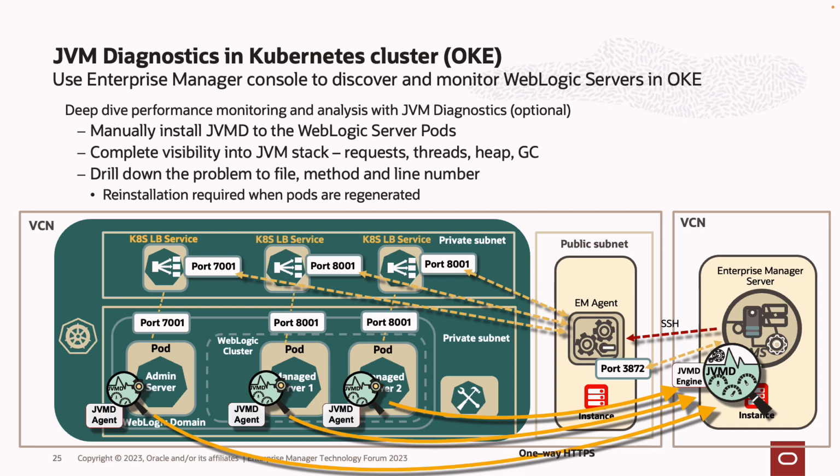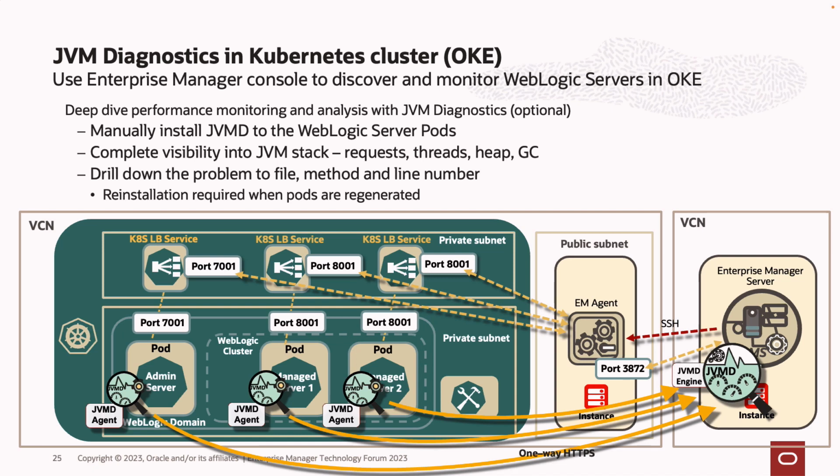Here you can manually deploy the JVMD agent inside the WebLogic servers and collect real-time JVM monitoring data. The agent transmits the collected data to the JVMD engine directly using a one-way HTTPS connection. Please note that JVMD does not use the EM agent, having its own channel to communicate with Enterprise Manager.